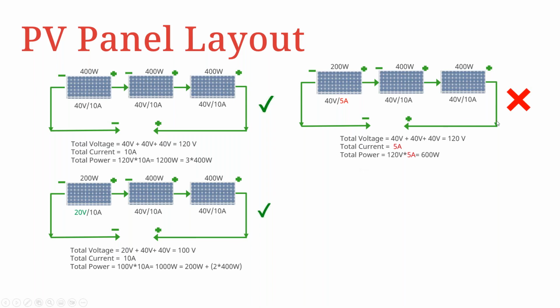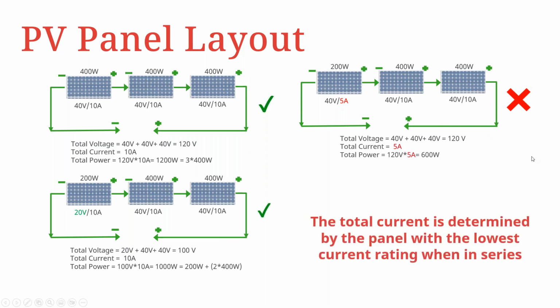So this would not be a smart choice to make. So as stated earlier, the total current of a series connection of panels, otherwise called a string, is determined by the panel with the weakest or the lowest current rating when connected in series.